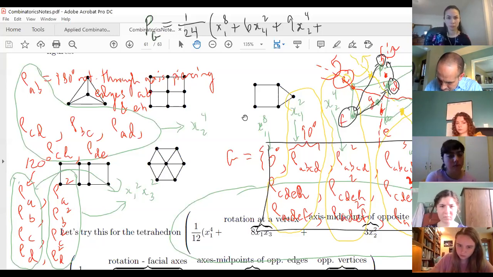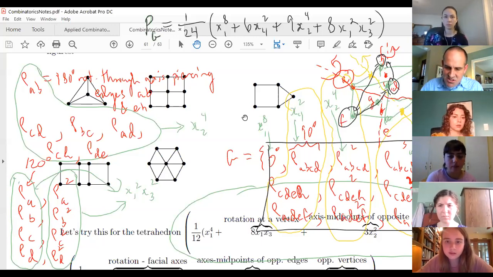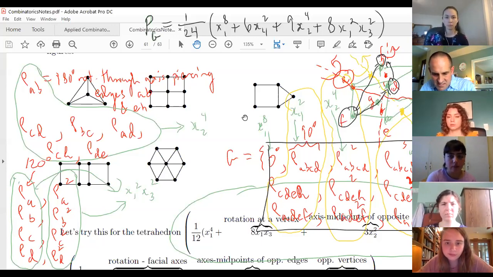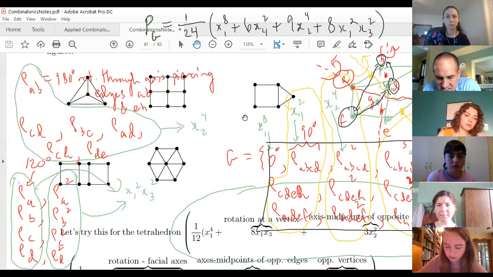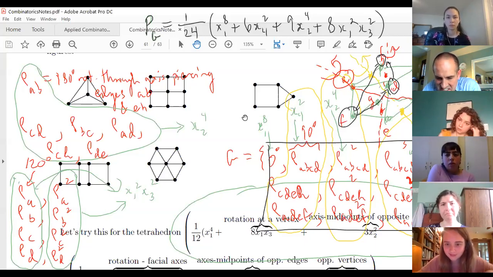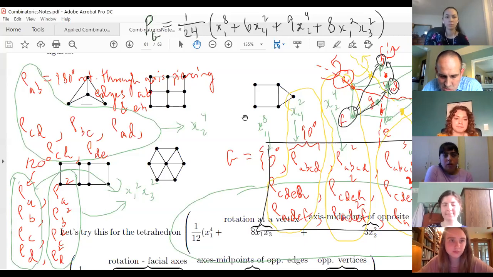Is that right? Yeah, 8. What should be true about the coefficients if I add them all together? I should get 24. Do I? 15 and 9 is 24. Yep. There is the cycle index polynomial.